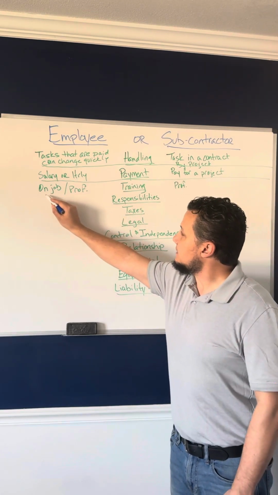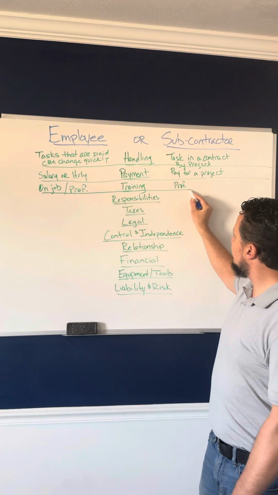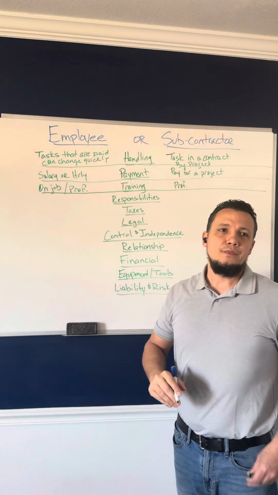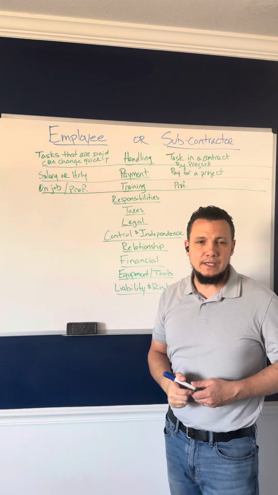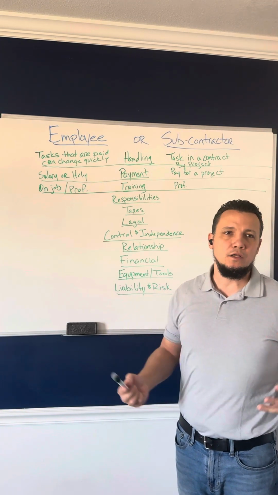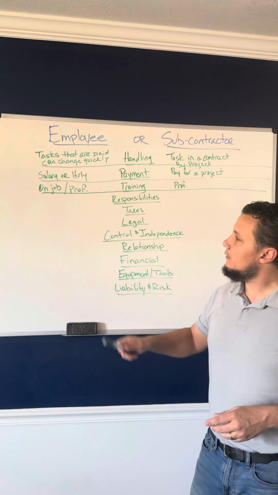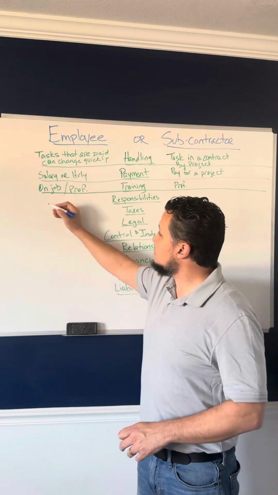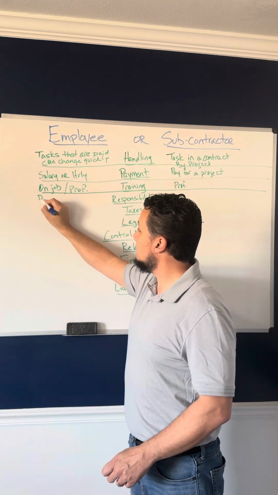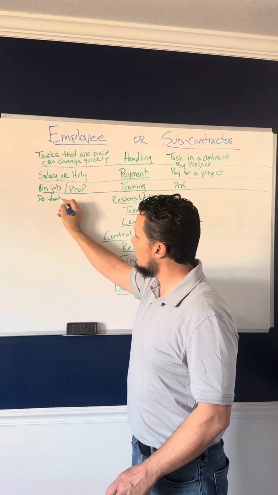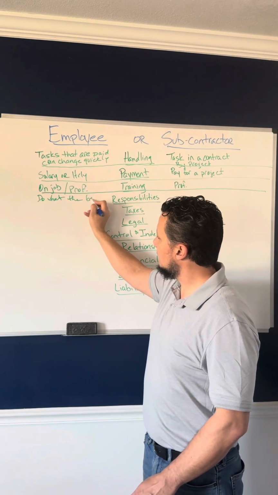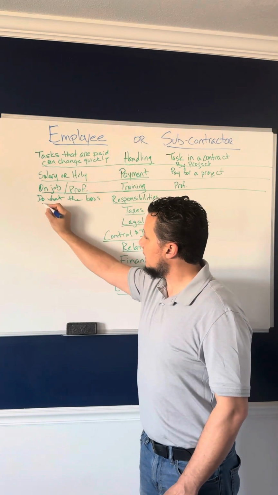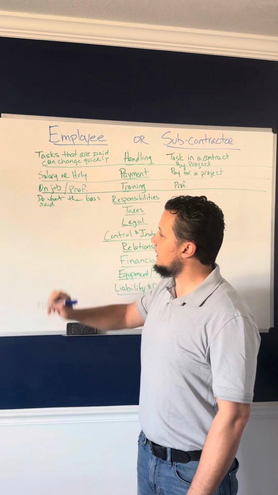Next is the responsibilities of both parties, okay? This one can be a little bit more detailed. So the responsibility of an employee is to do what the boss says. Okay? Do what the boss says.